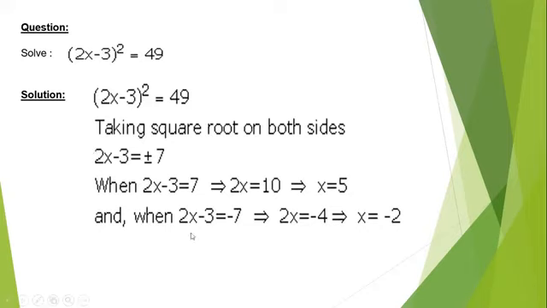We should get two values of x as the answer, and I have calculated two values of x. Once taking plus 7, equating it to 2x minus 3, and once taking minus 7, equating it to 2x minus 3. And final answers are x equal to 5 and x equal to minus 2.